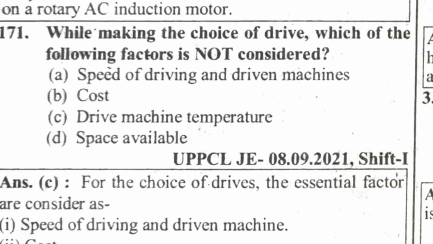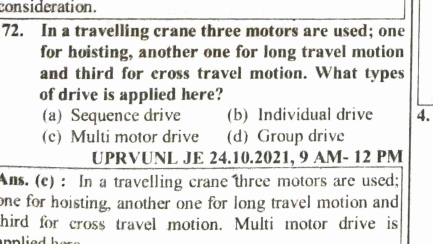While making the choice of drive, which of the following factors is not considered? Drive machine temperature. In a traveling crane, 3 motors are used, one for hoisting, another for long travel motion and third for cross travel motion. What type of drive is applied here? Multi-motor drive.